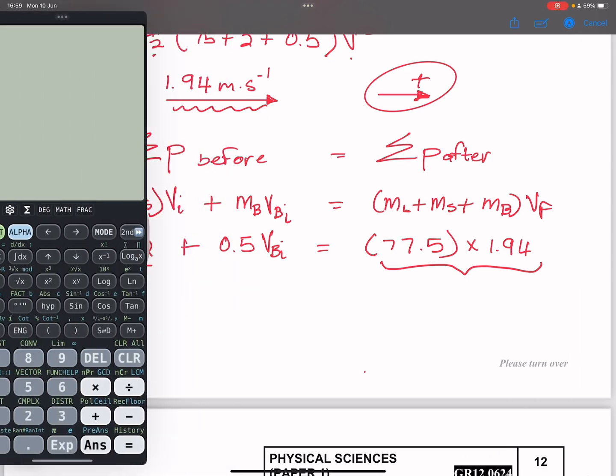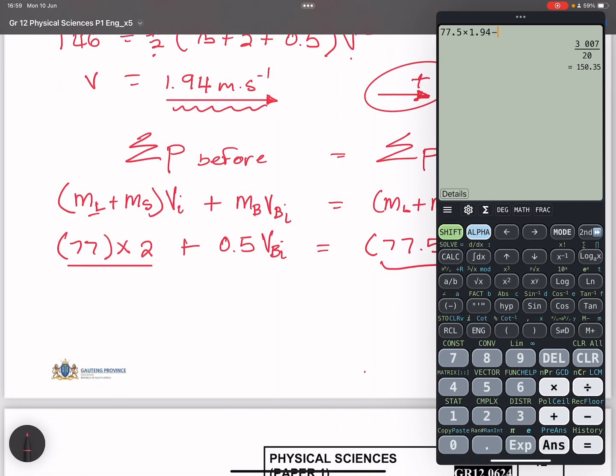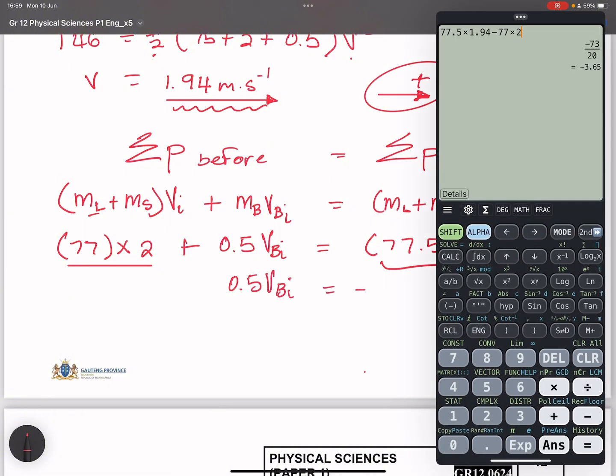So I'm going to have 77.5 times 1.94 minus 77 times 2. Okay, I get negative 3.65. So 0.5 VBI would be negative 3.65.